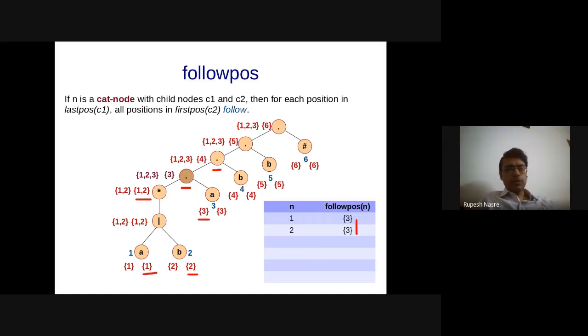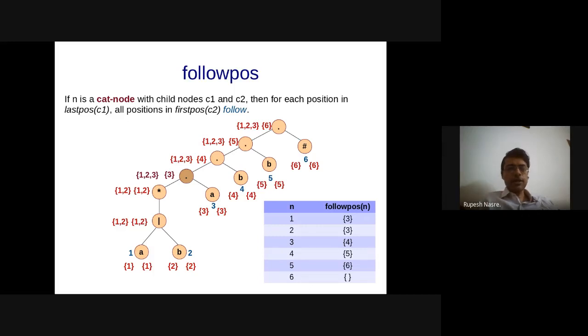So when we go to this concatenation node, it has the left subtree as the concatenation node. Its last pos is 3, and that is going to give us the information about the follow pos of 3. Its last pos is 3, and the first pos of the next one is going to be 4, that is this one, and therefore for 3 the follow pos is going to be 4. That is what I have mentioned here, and that is what is going to be followed similarly for each of these.